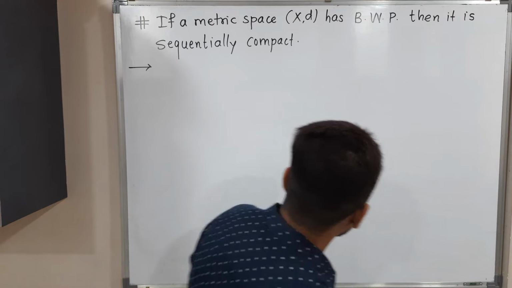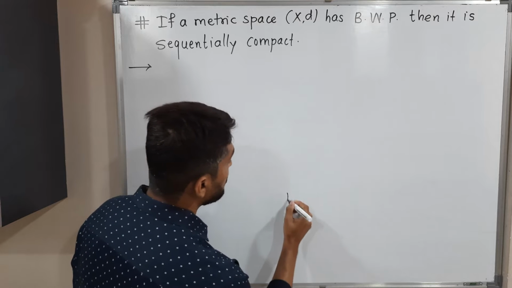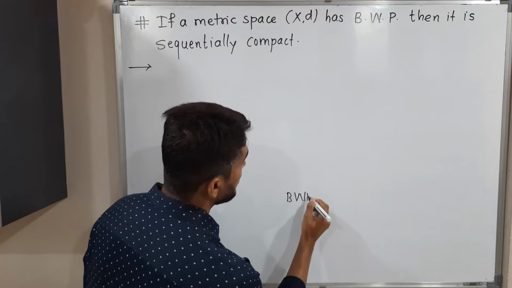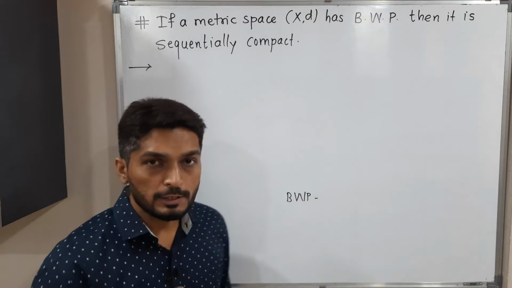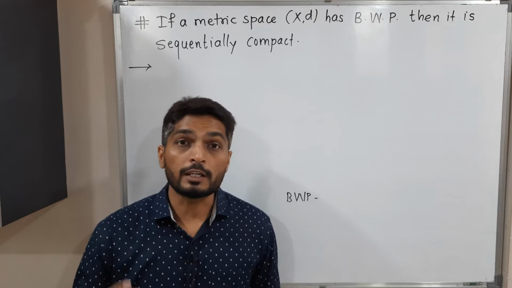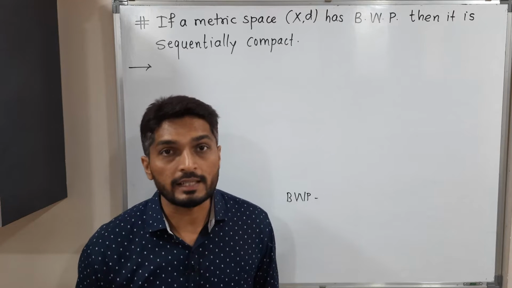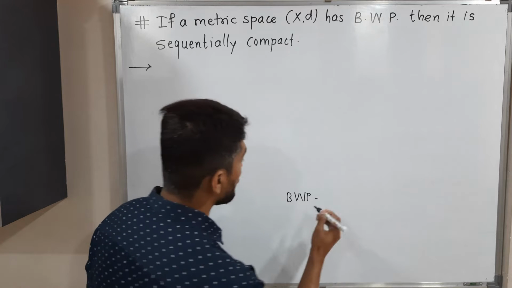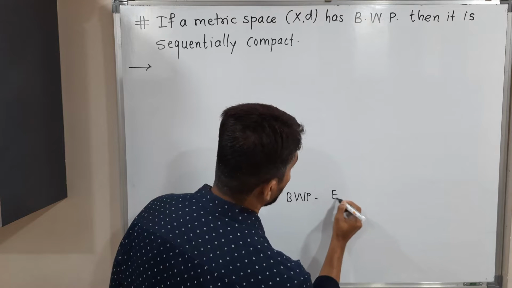Okay. So the first one is BWP, which means Bolzano-Weierstrass property. This property says every infinite subset of matrix space X has a limit point.